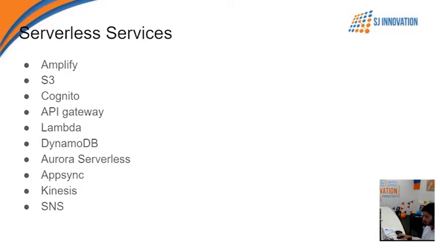Next is Cognito. Cognito is something which you can use for authentication. Normally when we work with websites, we tend to have different sorts of user management software, or we have to write our own code to work with user management to authenticate those users, or allow a method wherein they can sign in.